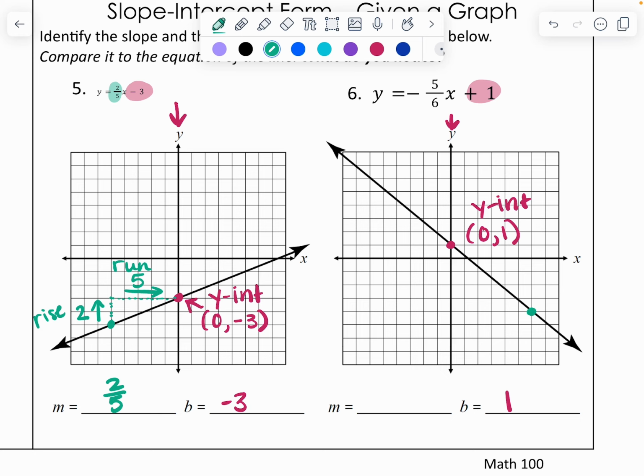In this case, remember, you always start with the point on the left and move right. So in this case, I need to go down 5, which means this is going to be negative 5 for my rise. If we're moving down, it's negative. If we move up, it's positive. And then my run to the right is positive 6. So my m is -5/6.